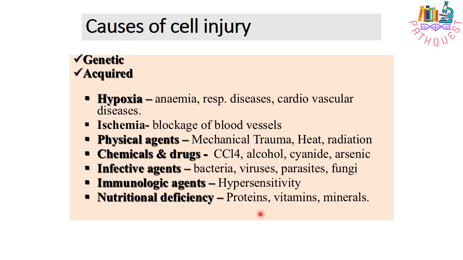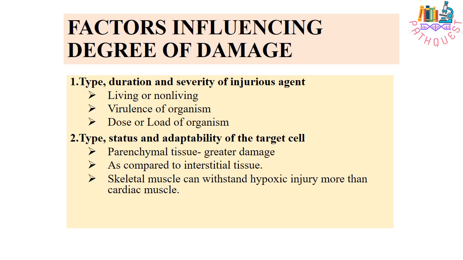Nutritional deficiencies like protein, vitamin, mineral deficiency will also result in cell injury because of decreased ATP synthesis, and also the cell will be deprived of essential nutrients and will result in damage to the cell. So these are the factors responsible for cell injury.